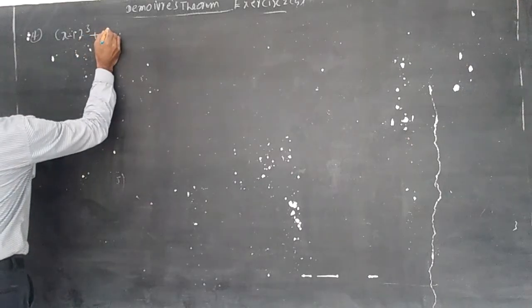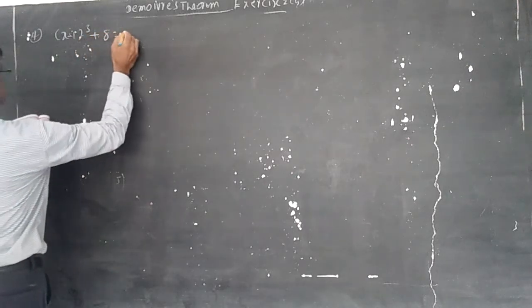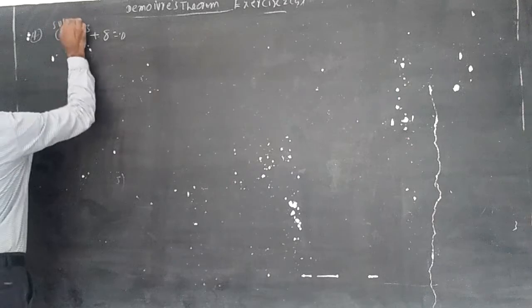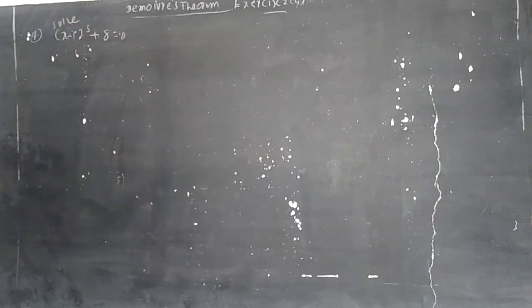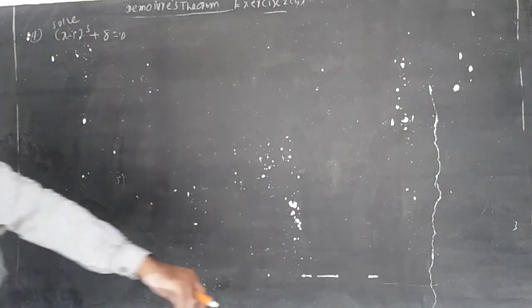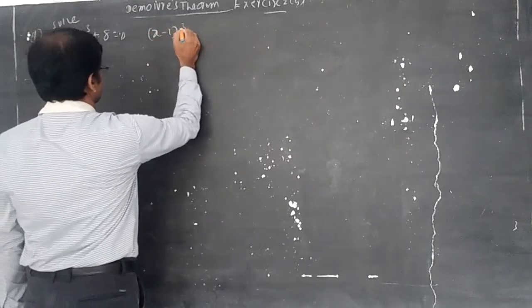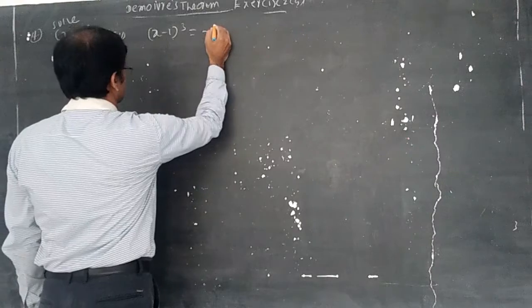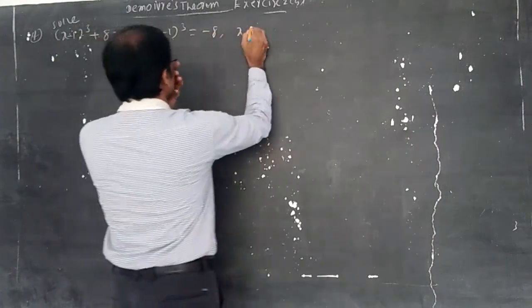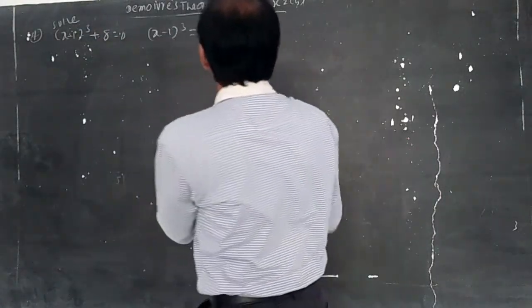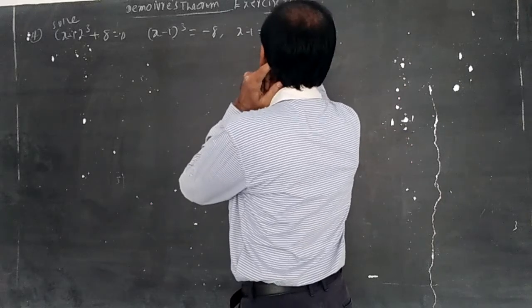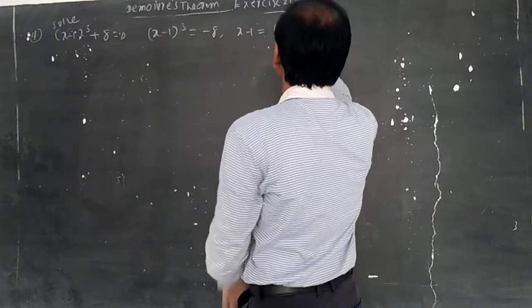Solve. This is also an easy question. x minus 1 whole cube is equal to minus 8. x minus 1 whole cube equal to minus 8.